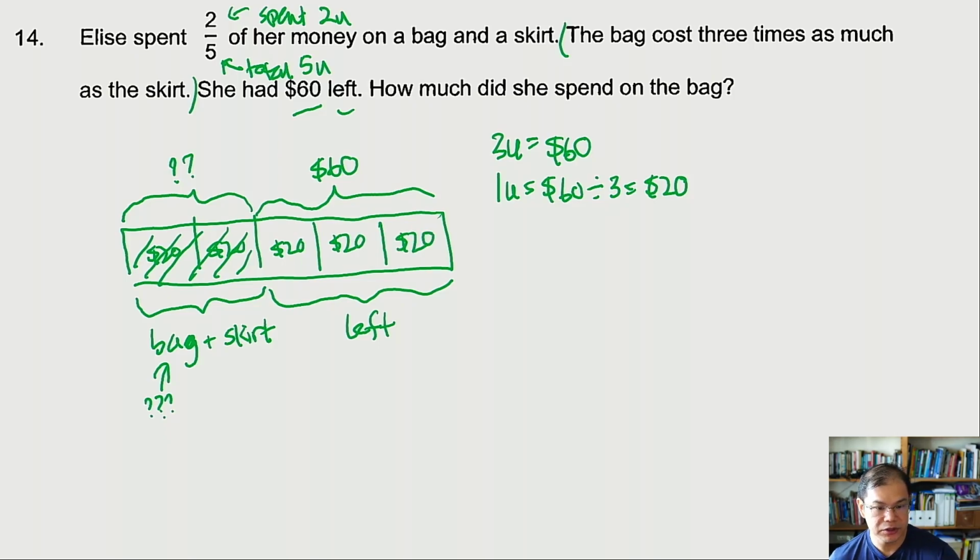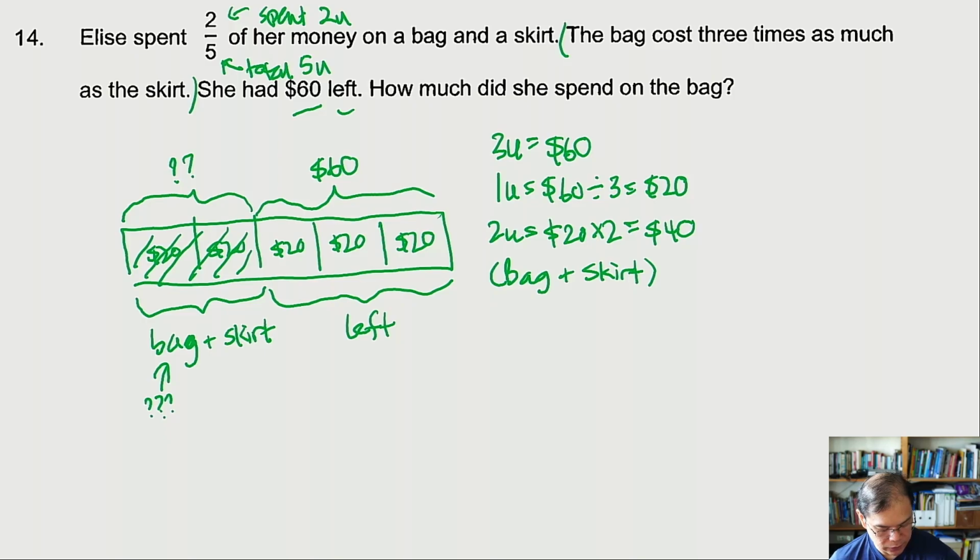Right, how much did she spend on the bag and the skirt altogether? Okay, she spent $40 on both the bag and the skirt. Now we know that this is $40.